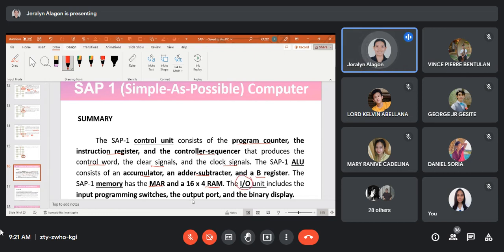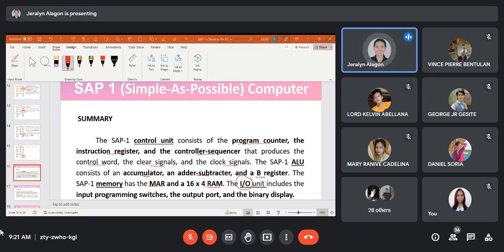Our input unit consists of the input programming switches. Those are literal switches: if our output is diodes, our input is switches. As in logic design, we use switches, 8-bit switches, 4-bit switches, which you turn on and off.